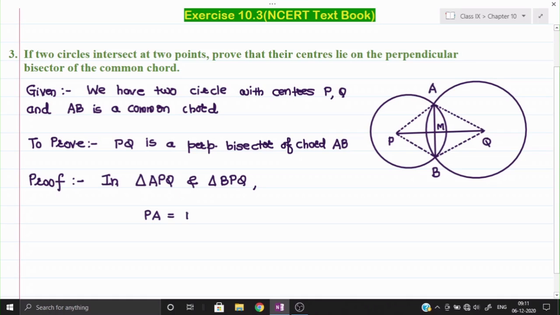Now how are PA and PB equal? Observe, PA and PB both are the radii of the same circle. Same way we can write here AQ is equal to BQ. So AQ and BQ are also the radii of the bigger circle. So here the reason we shall provide is radii of the same circle.